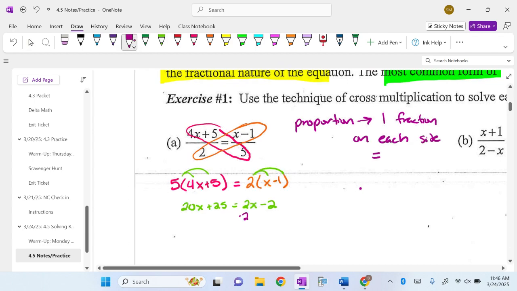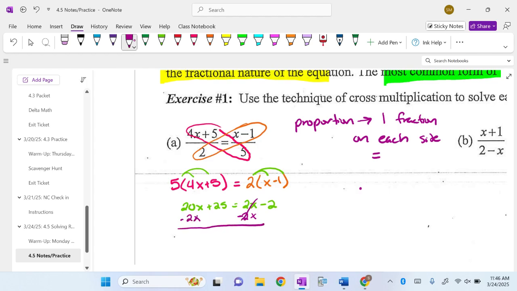Right, we want to get the x on one side, so I'm going to subtract 2x from both sides. It didn't really matter which x we moved. I typically move the smaller one, so I have positive coefficients in front of the x. So this would be 18x plus 25 is equal to negative 2.